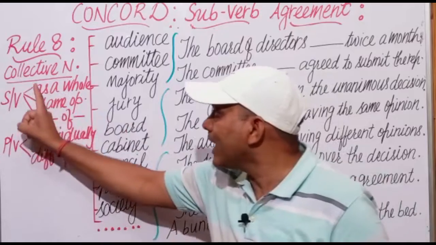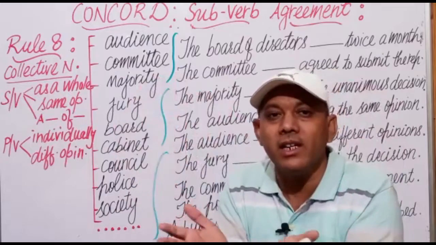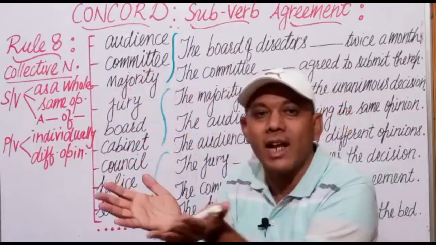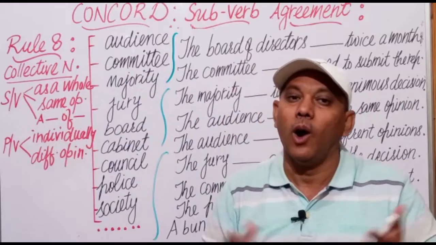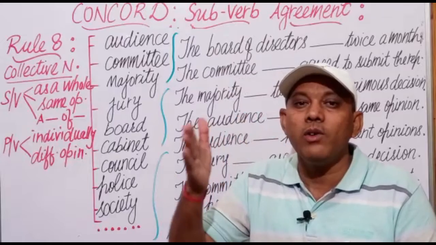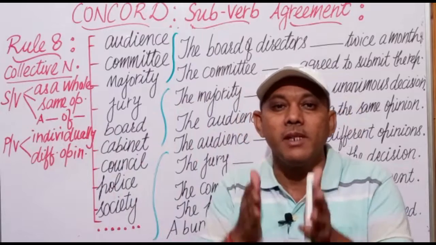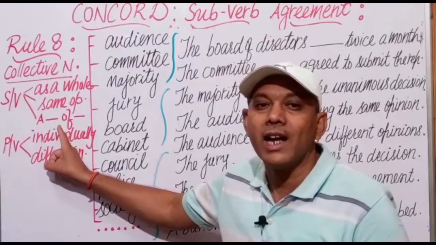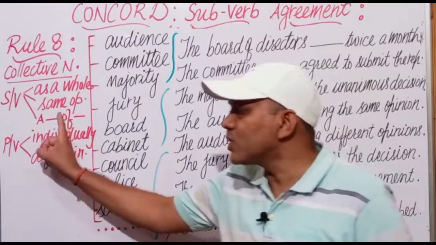When the collective noun is used as a whole or having the same opinion, when the members of that specific collective noun have the same opinion, use a singular verb. Or when the specific phrase is given, a collective noun of dash. For example, a board of directors, a committee of members, a jury of judges, then we shall use a singular verb after them. But this is not always true.